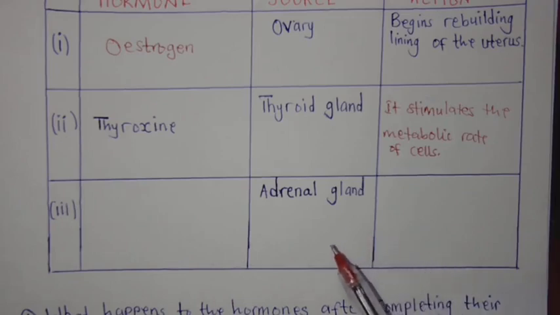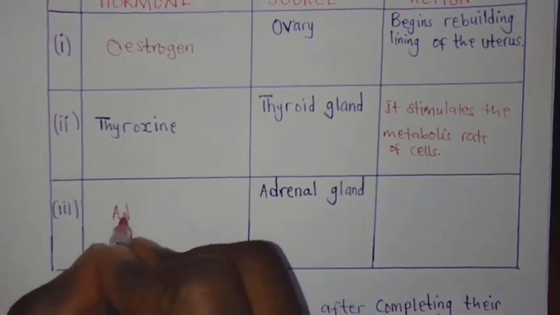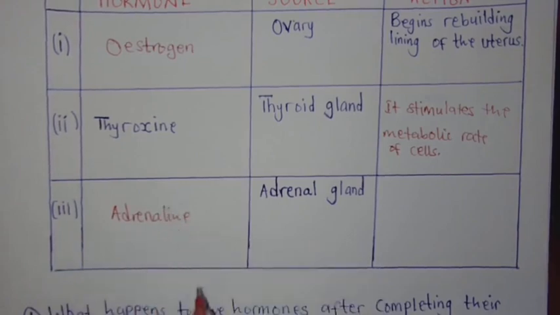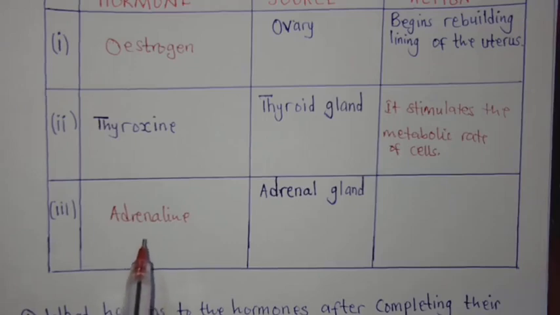Okay, so let's say we pick the adrenaline hormone. So we say adrenaline hormone, so one that we have picked. And what is the function of this adrenaline hormone? It's just to prepare the body for emergencies.